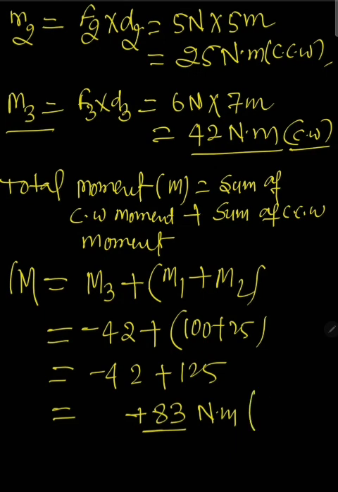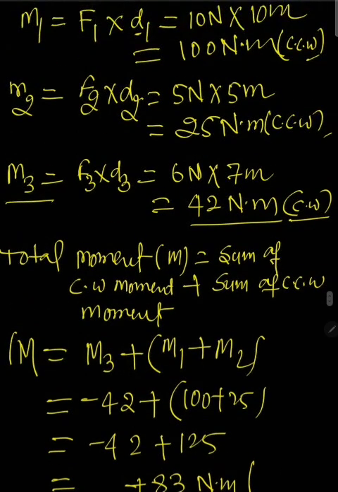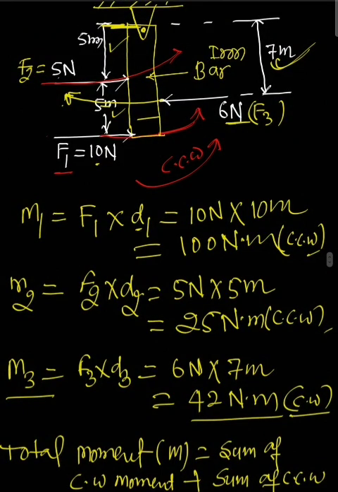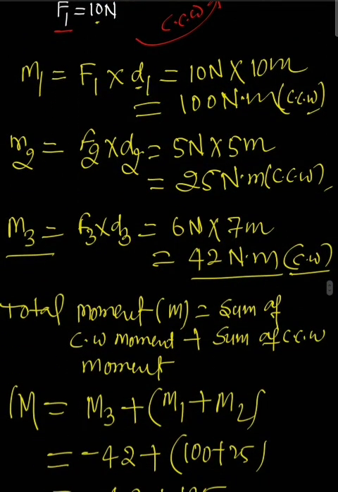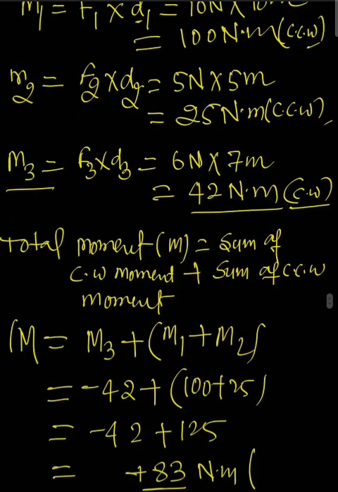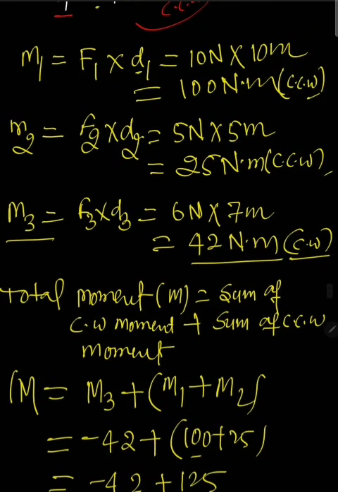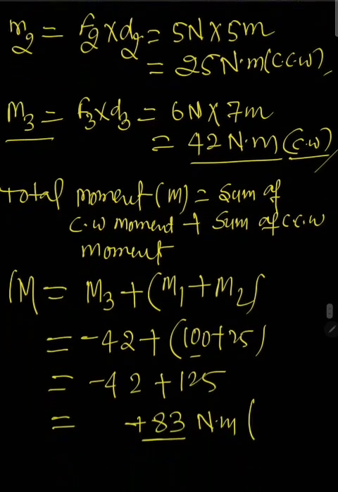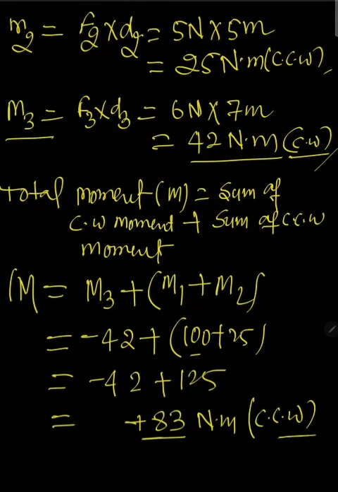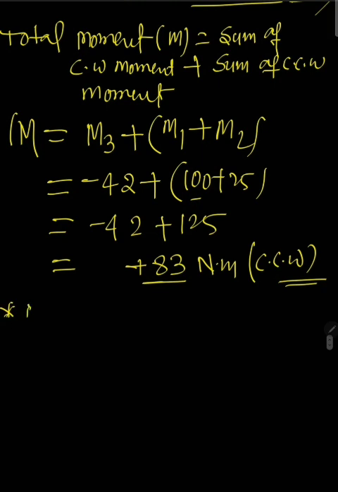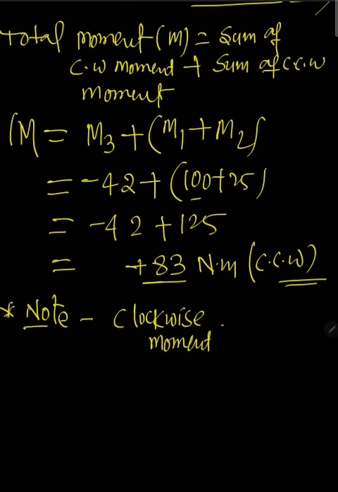Okay, so this positive sign indicates the overall rotation of this system will be clockwise or anti-clockwise? It will be anti-clockwise or counterclockwise, because have you seen that this counterclockwise movement is more as compared to clockwise movement. So it is going to rotate in counterclockwise movement. So one note you have to make: in your book, we take clockwise moment as negative.